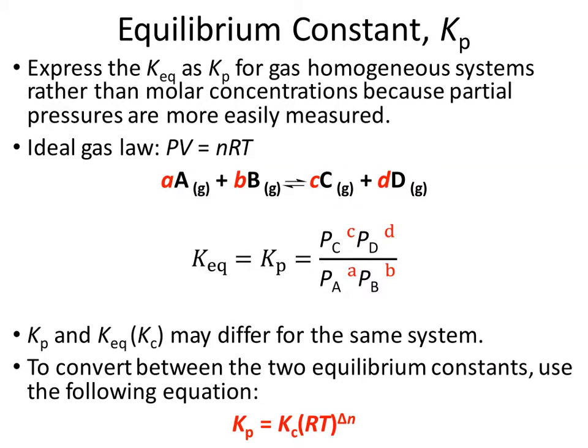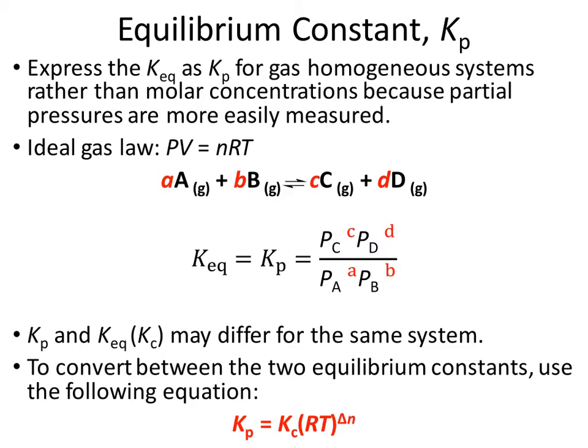Now, when we want to look at Kp, sometimes it's easier to express our equilibrium constant as a Kp for homogeneous systems that are in gas form rather than molar concentrations, because gases are more easily expressed in pressures rather than concentrations. And so we have to convert between Kp and Kc.